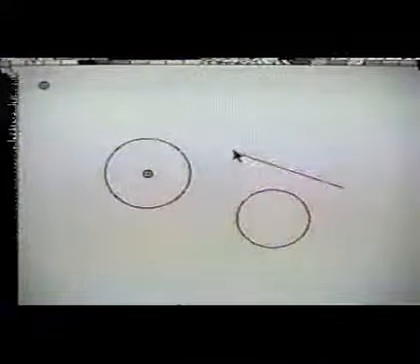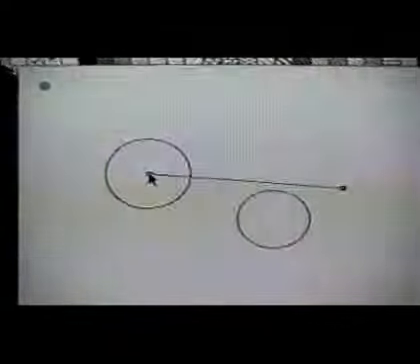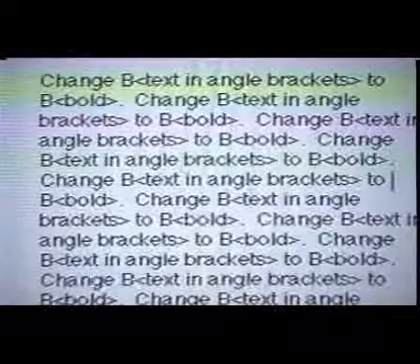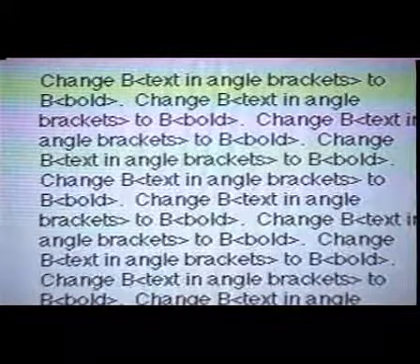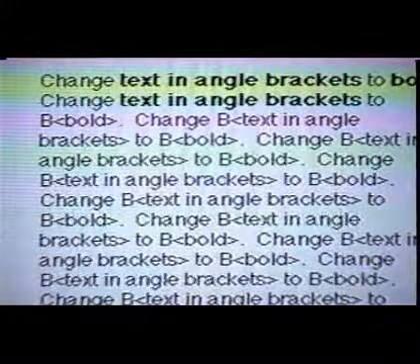We can also center the endpoints of lines in arbitrary objects. And still using simple pixel-based techniques, we're able to create automation in text-based applications. In this example, we're finding text in angle brackets and changing it to a bold font.